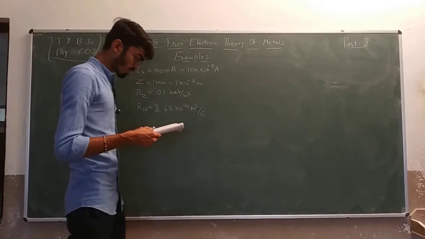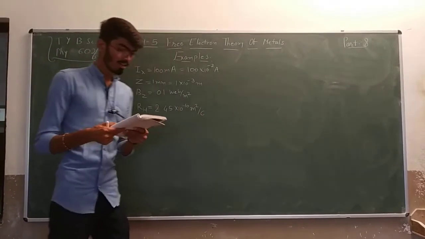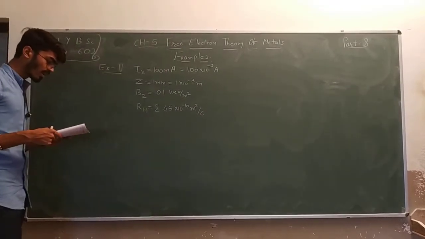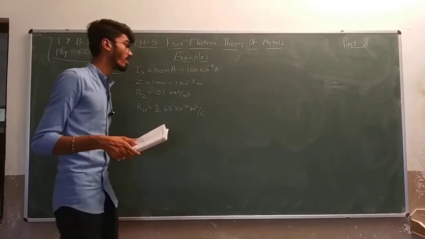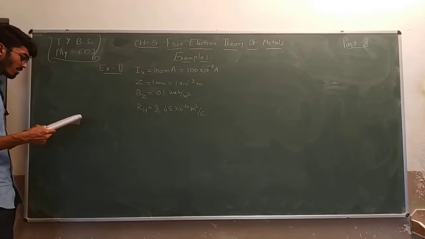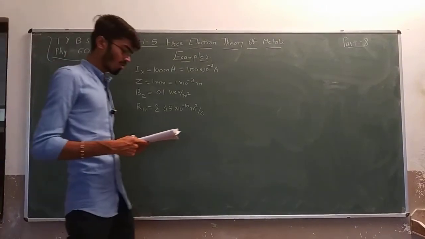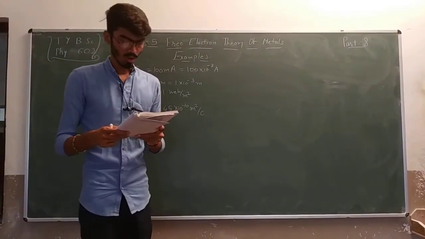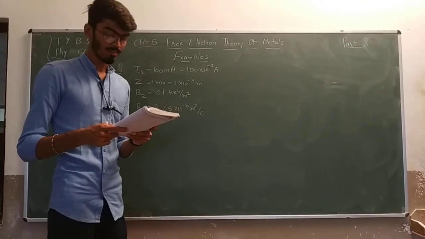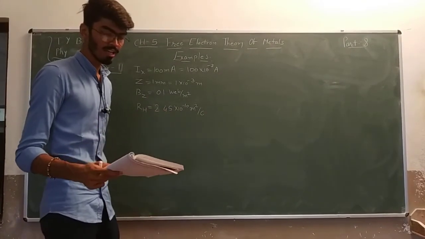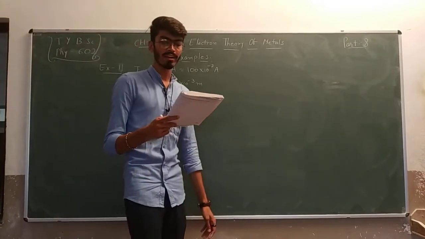So now we calculate the EMF generated in the case of sodium. Here we know V of Y is the Hall voltage developed, and B of Z is the magnetic field along the Z direction.